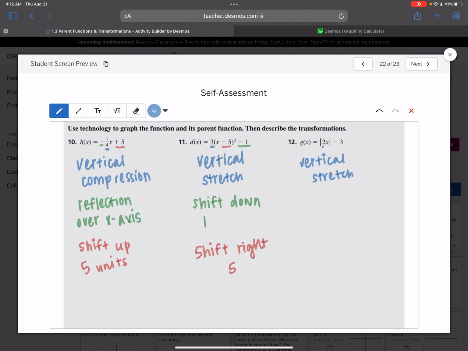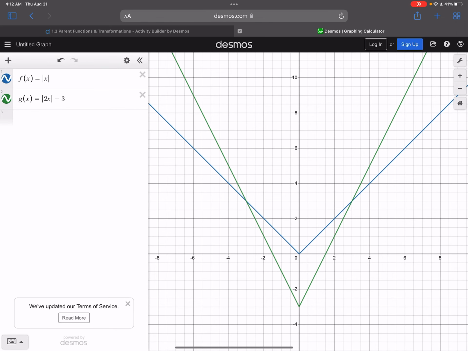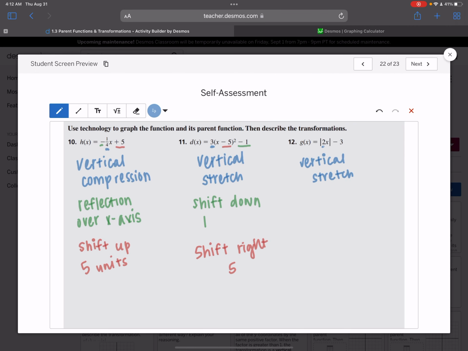And that's coming from what's being multiplied by the x. And I can also tell that I'm taking my point right here, my vertex, and moving it down 3. And that's coming from right there.